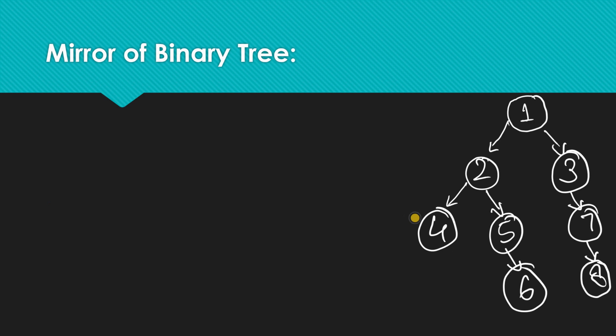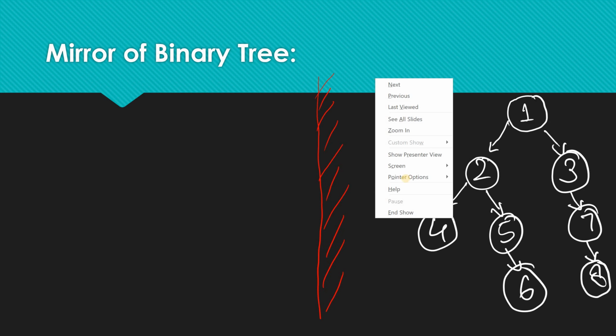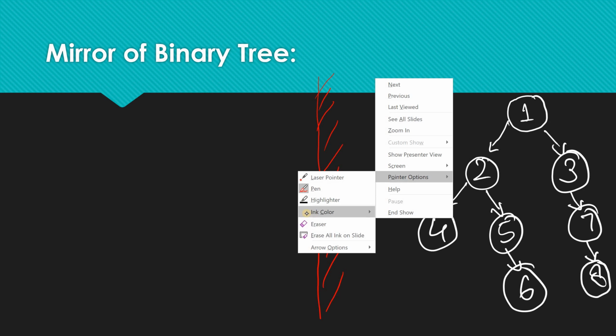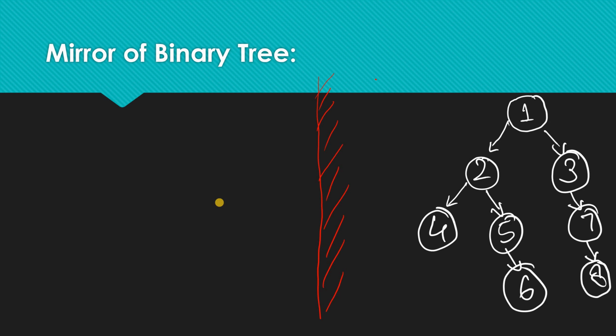Okay, so let's move. So what is the mirror image of the binary tree? Suppose we put this binary tree in front of a mirror. Okay, now let me change the pointer quickly. So if you put it in front of the mirror, what you will see in the mirror is this portion will come here.